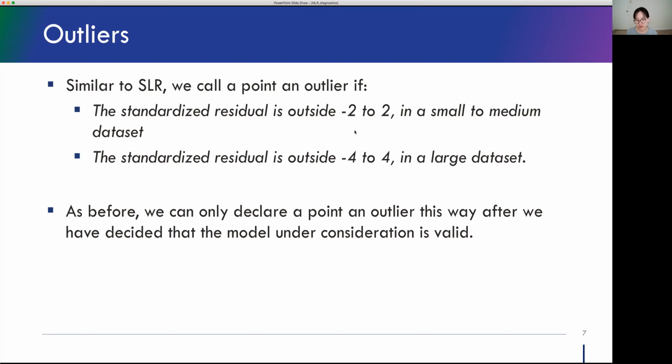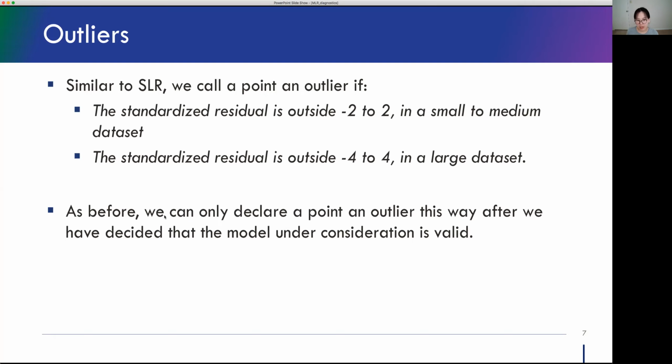This is a rule of thumb to determine outliers. It's related to your confidence interval, those related things, to determine this band. So this is how we determine if a data point is an outlier.